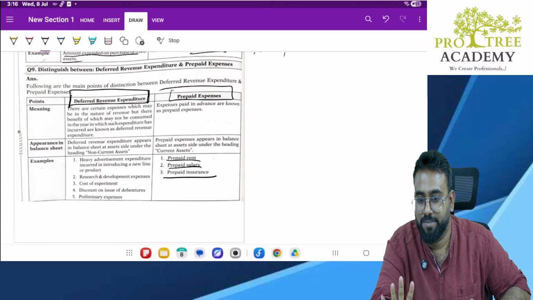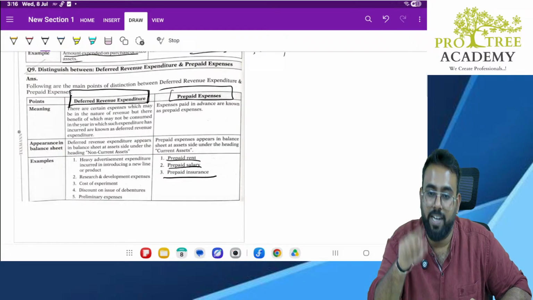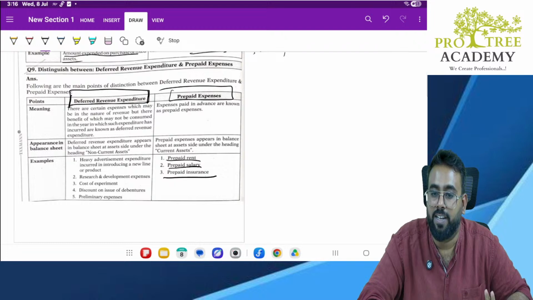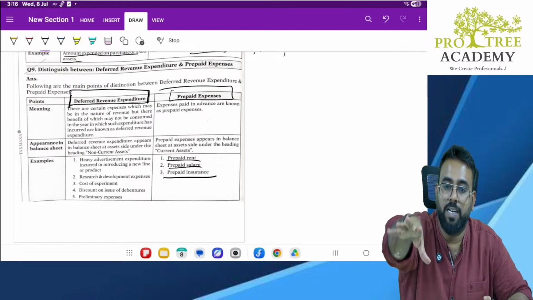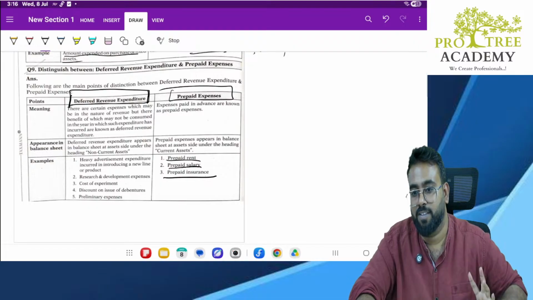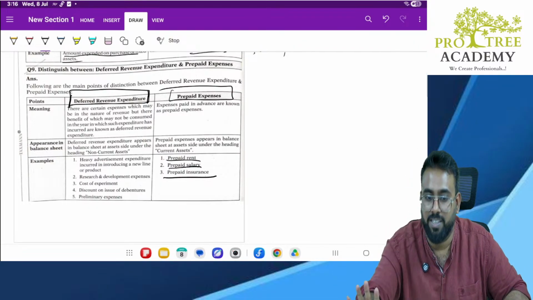Correct? Correct or no? 3 to 5 years minimum before it gets closed down. So what deferred revenue expenditure says is, see boss, I know 50,000 you have spent, but the amount you have spent now, 50,000, the benefit is not derived in only 1 year. The benefit is derived over the years, say 3 years, 5 years, like that.